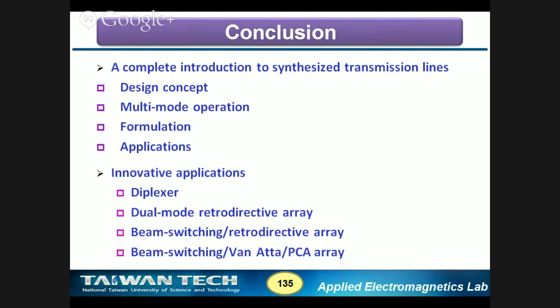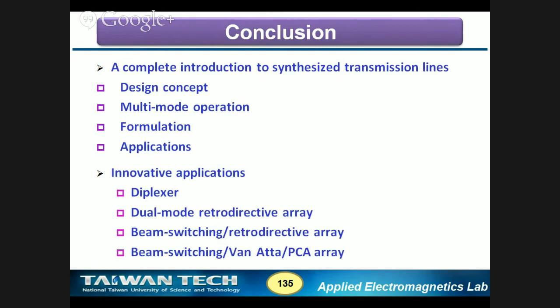If we use the left-handed dual-mode synthesis transmission line, we can switch the operation. In the low band, it is a radiation directive array, and in the high band, it becomes a beam switching array. And we can develop a refractor directive array or something like that.